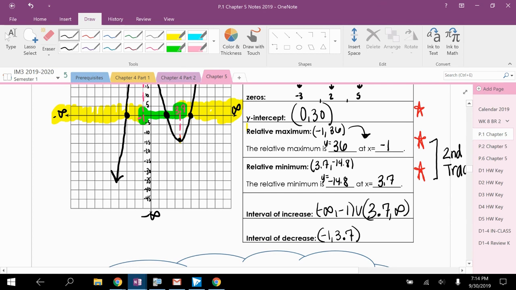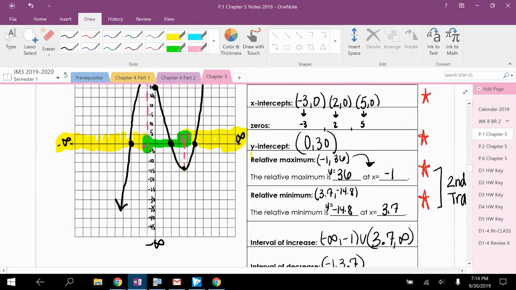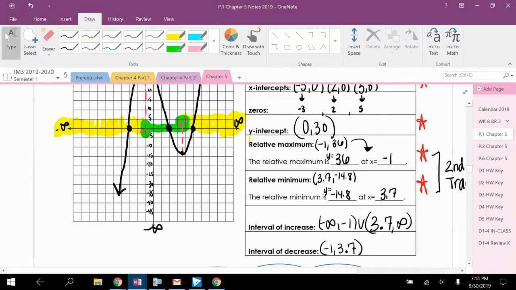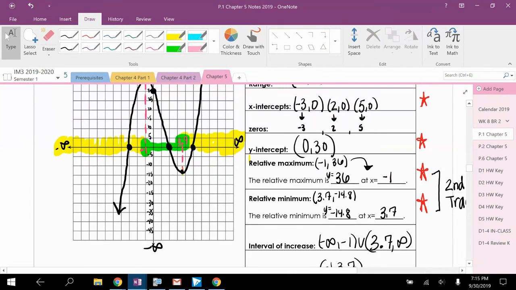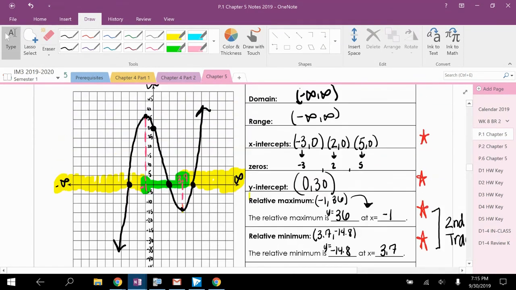That just means and. You don't have to if you don't want to, but that's just the mathematical way to put it. So I'm going to explain that one more time. You can see here from left to right, my graph is going to increase, and then it's going to start to decrease, and then it's going to increase on this last part.